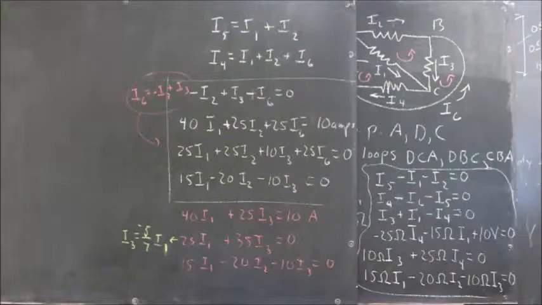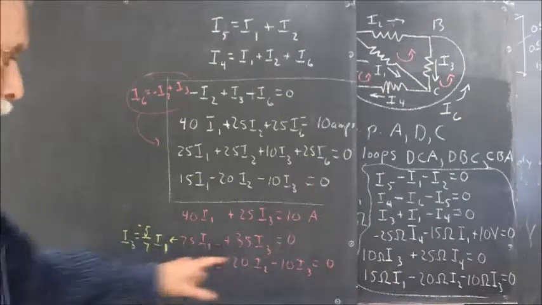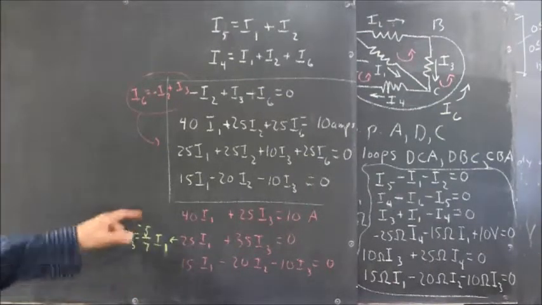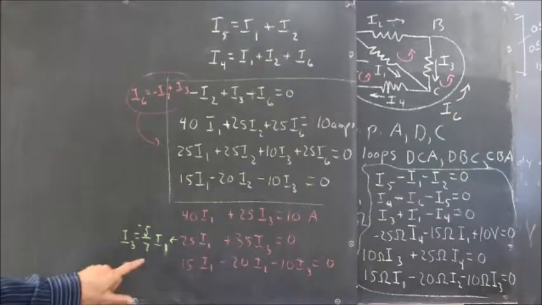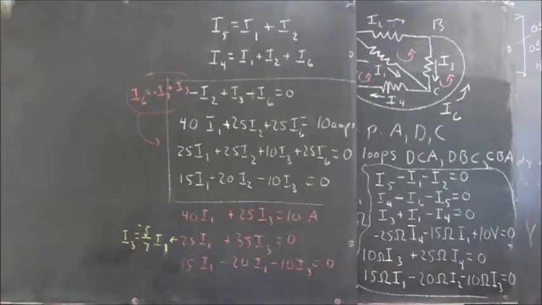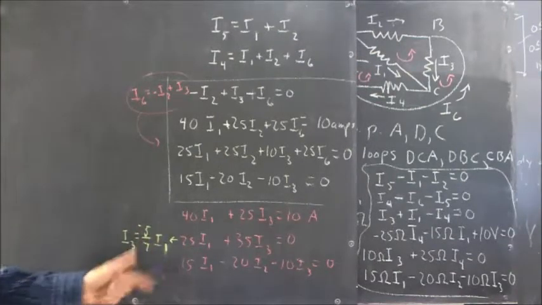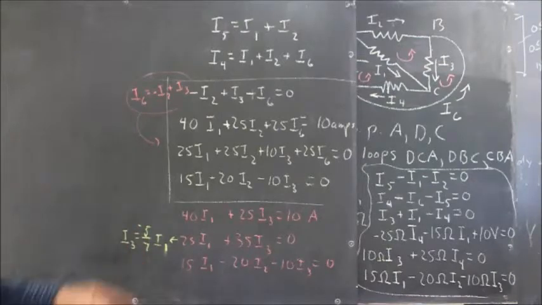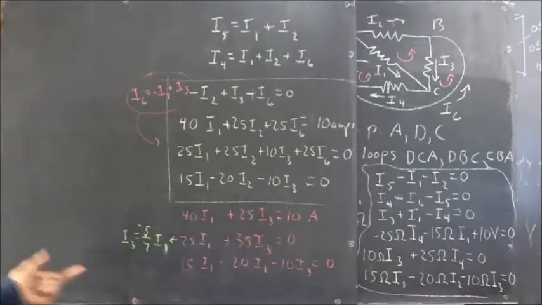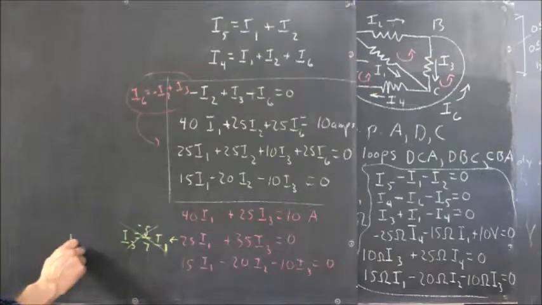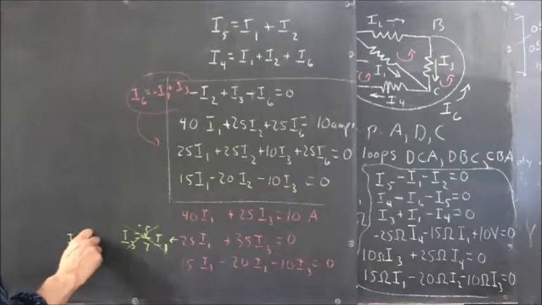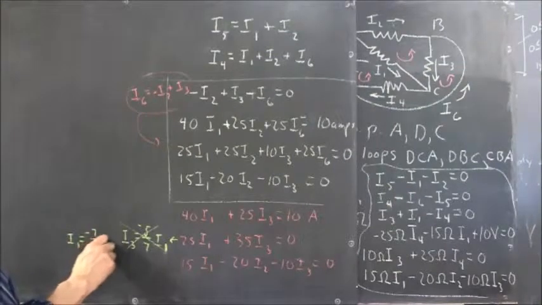Okay, in my next step, I started to solve for I3 in terms of I1, and I got negative 5/7 I1, and then I realized I'd be multiplying these things by fractions with the denominator 7, which would be a lot messier than multiplying by things that have denominator 5, because everything here is divisible by 5, so I'm going to cross that out, and I'm going to say, well, I1 equals negative 7/5 I3.